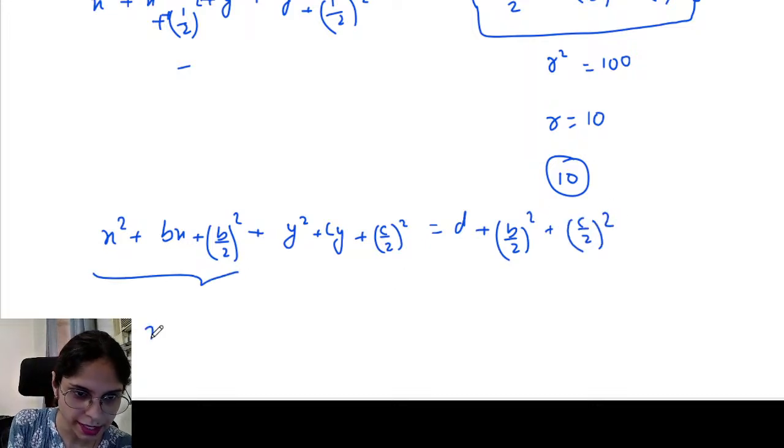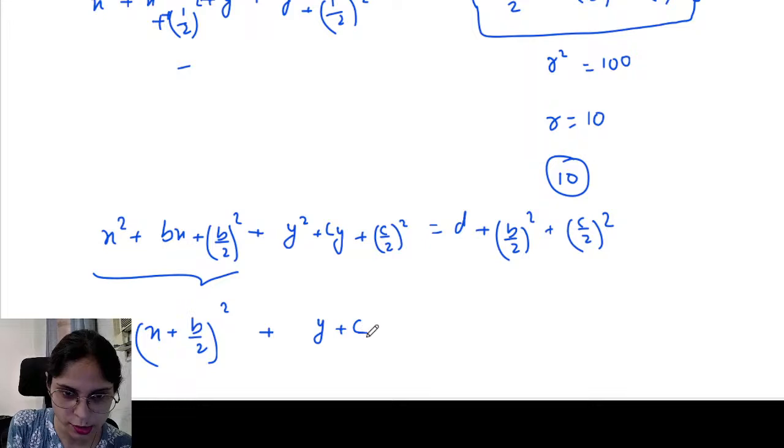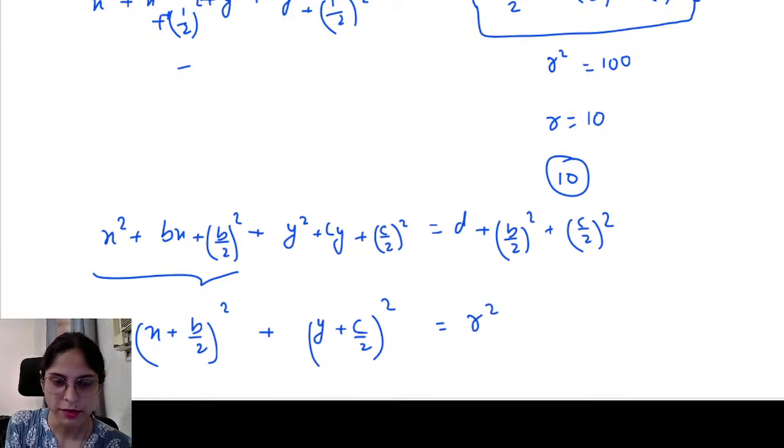And now this will be x plus b over 2 whole square, this will be y plus c over 2 whole square, and this entire thing is going to be your radius squared. And by comparing you can get your center and your radius. I hope that is clear.